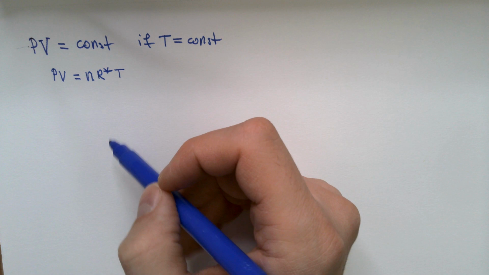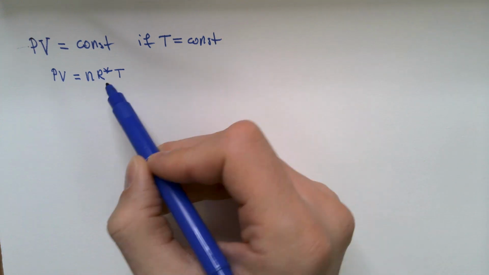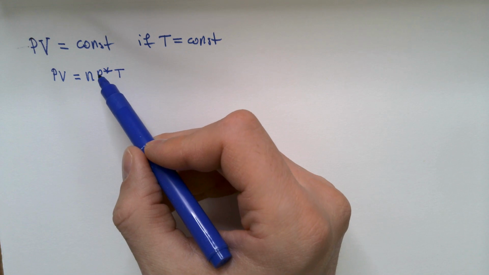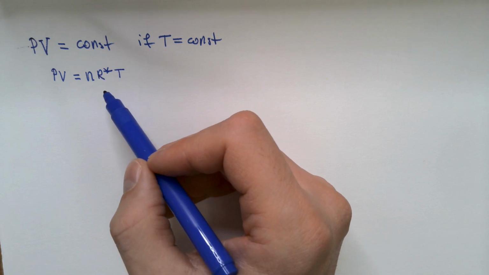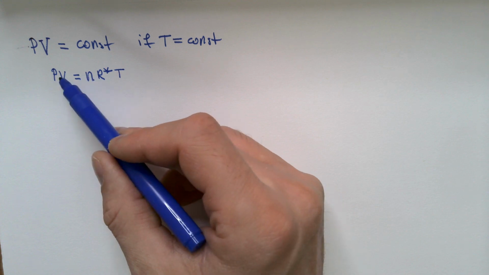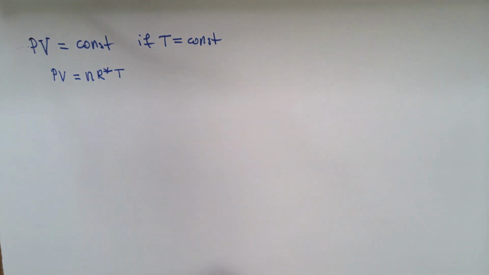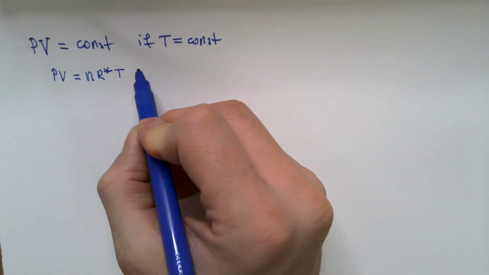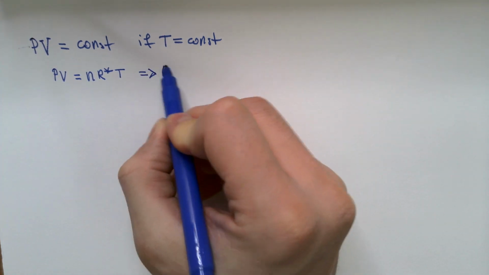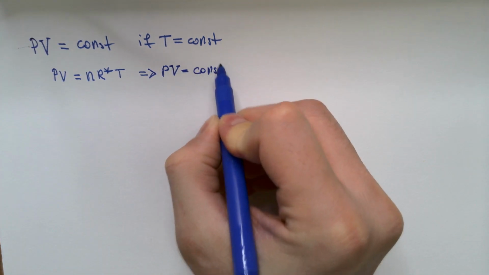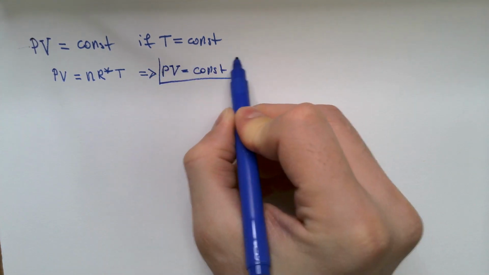We can see that on the right side, temperature is constant now, R star is universal constant, 8.317 joules per mole per Kelvin, and N is number of moles in this volume that doesn't change. We assume we are not adding or removing gas, which means the right side is completely constant, so we get that PV is equal a constant if temperature is constant.